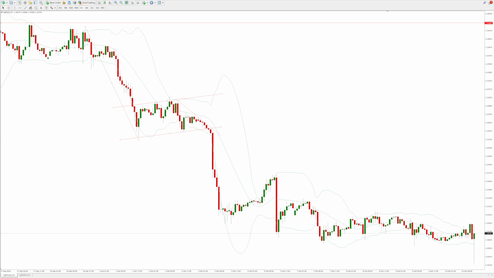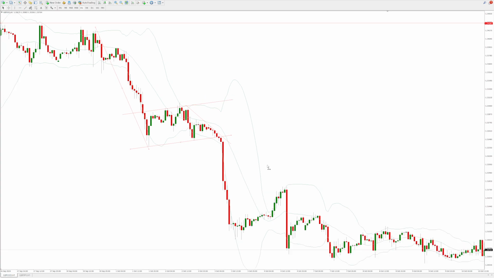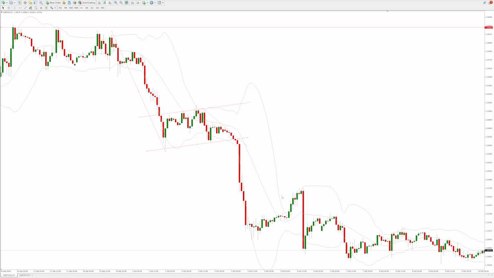You could have entered a sell on the pullback of the bands around here.